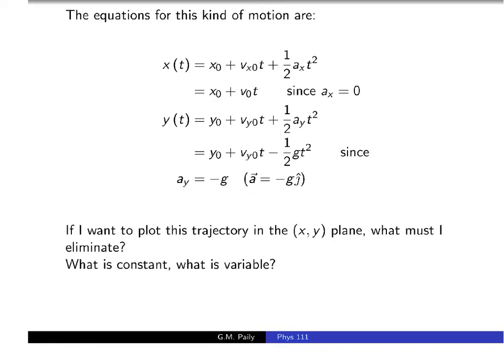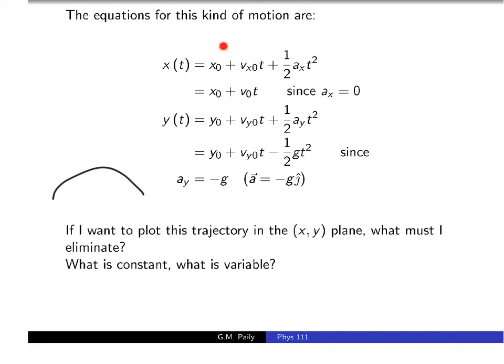Supposing I want to plot this trajectory in the xy plane. In other words, I know that the trajectory looks something like that, but what kind of curve is it exactly? To do this, I need to eliminate the variables from these two equations and express y in terms of x.